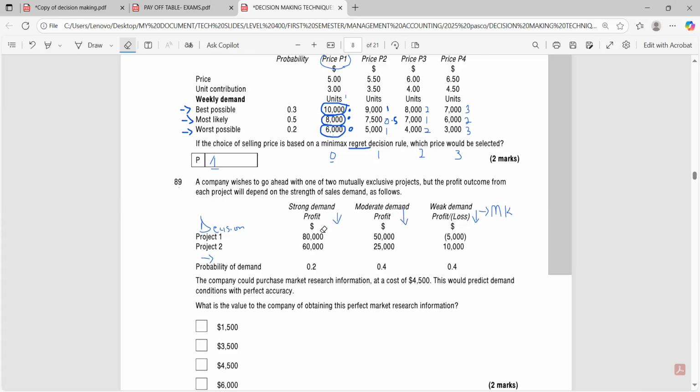Can someone help me with the gentleman's question? I think he's saying that if we have the same values, like in this example, the best possible, most likely, and worst possible are all of the same value, how are you going to go about the selection? Select the highest, I think.